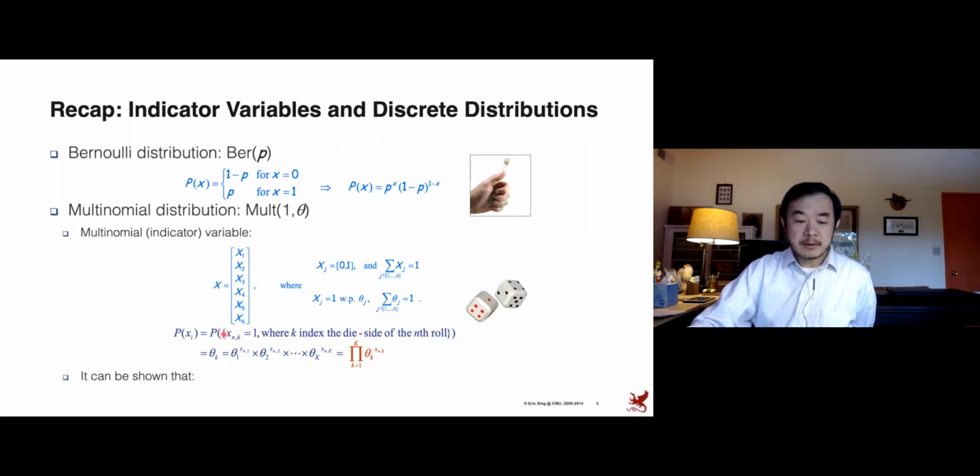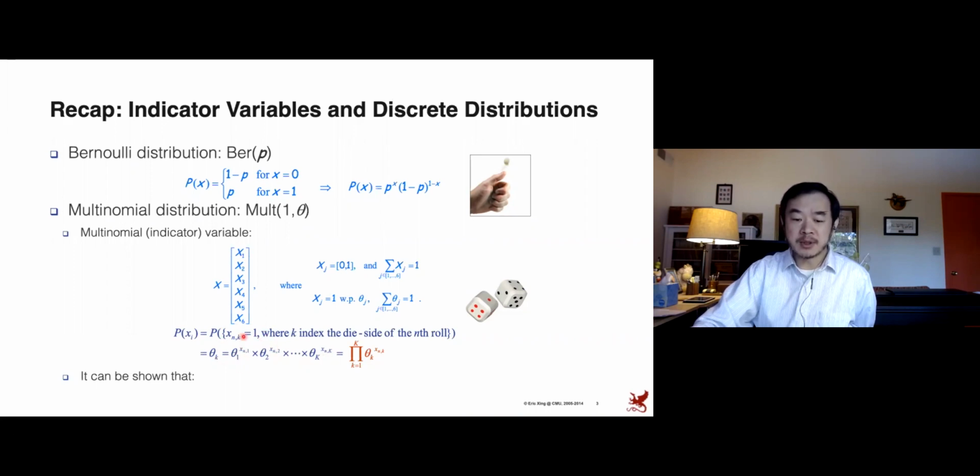To make it easier, if the k dimension equals 1, obviously that value equals theta k, which is the probability of that outcome. But if you do not know what that k is ahead of time, the way to express this very inclusively is to write down this product of theta k raised to the power of x n comma k.